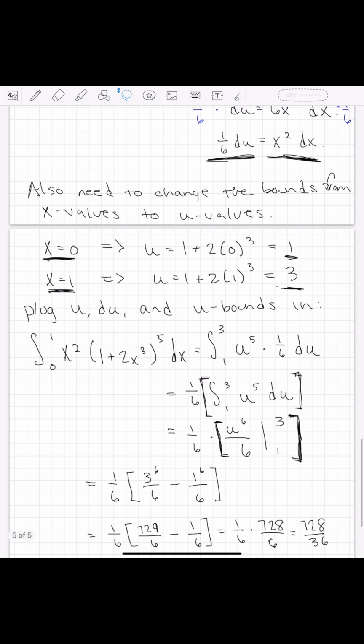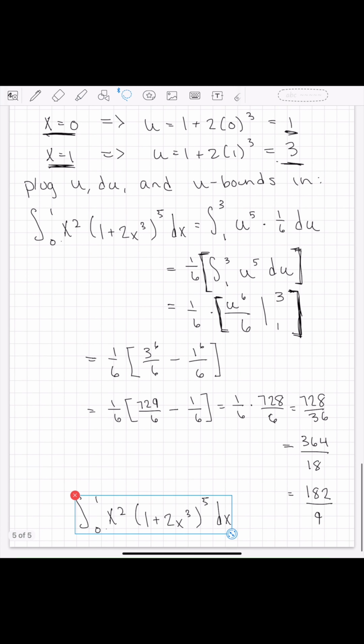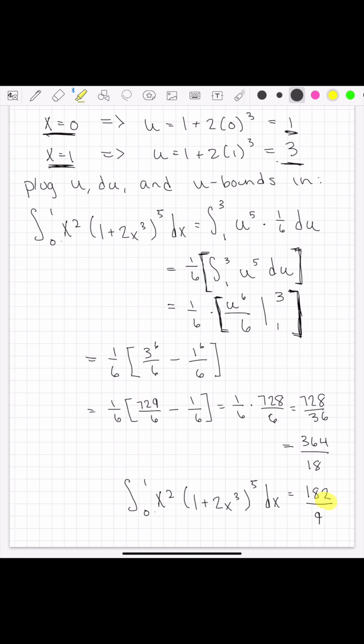So that is our final answer to this definite integral. So remember, definite integrals, ones that have limits of integration or bounds of integration, numbers in there, always end up as a number.